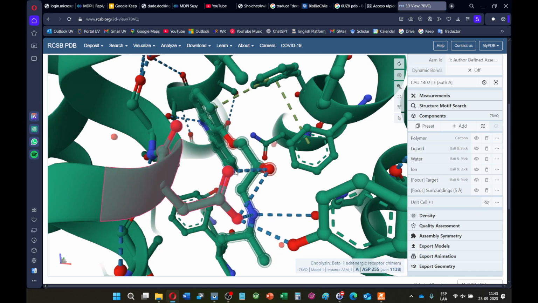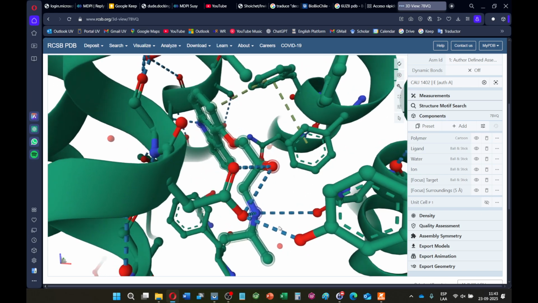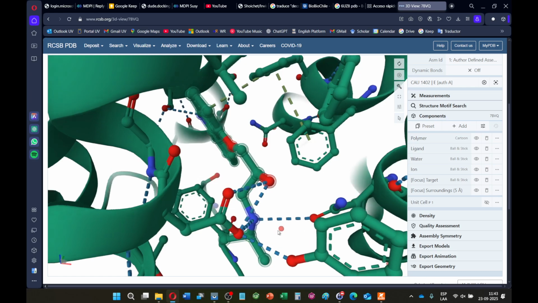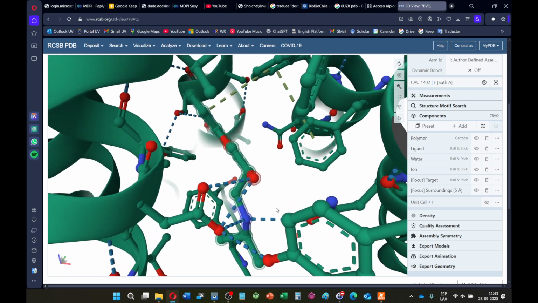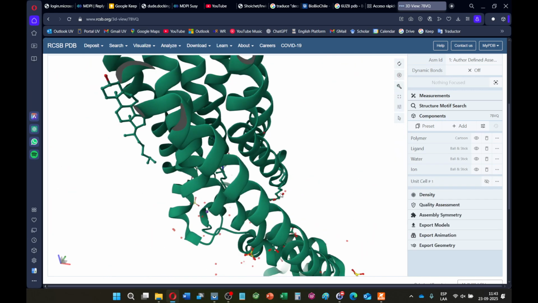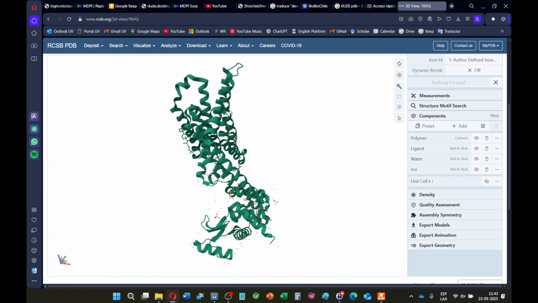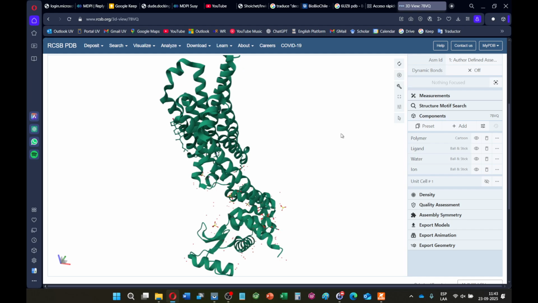That is, the proton is caught between those two oxygens, at the same distance, from the nitrogen. To see it clearly, look at the nitrogen. I'm going to move a little for a second.